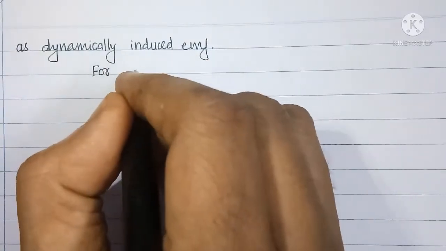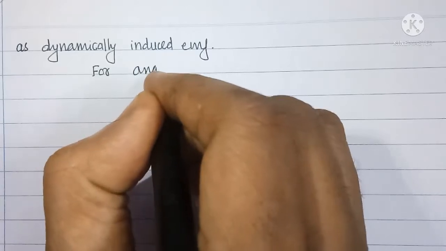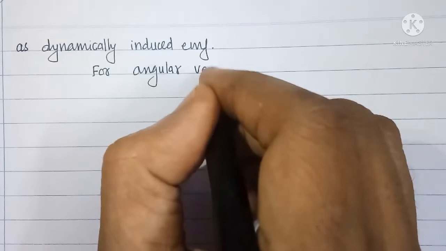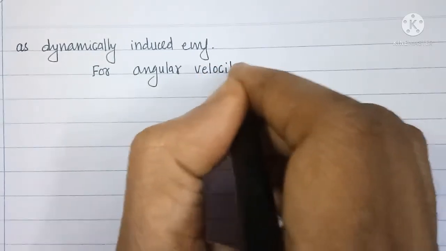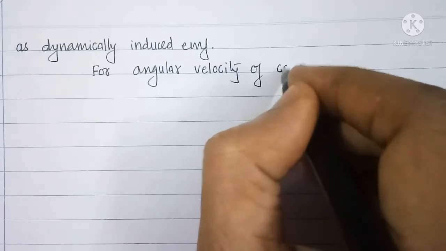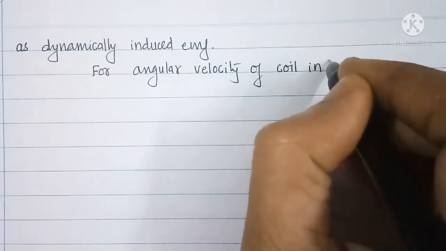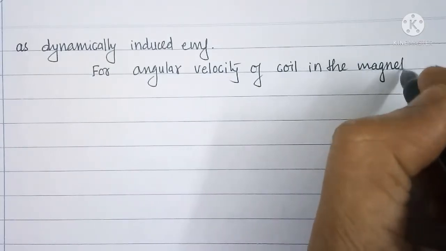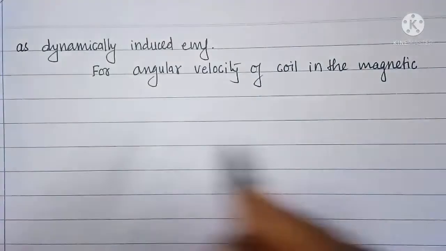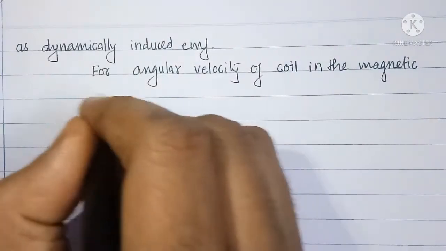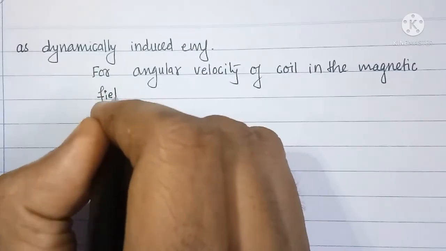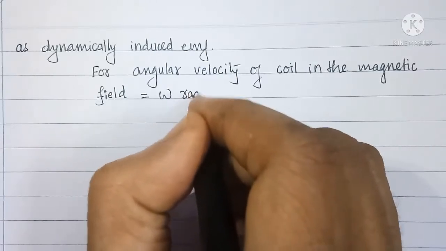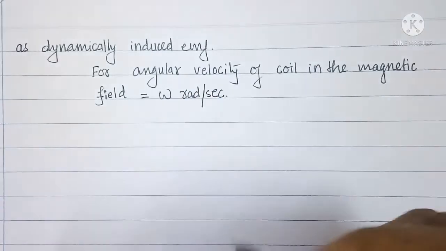For angular velocity of coil in the magnetic field equal to omega radians per second.